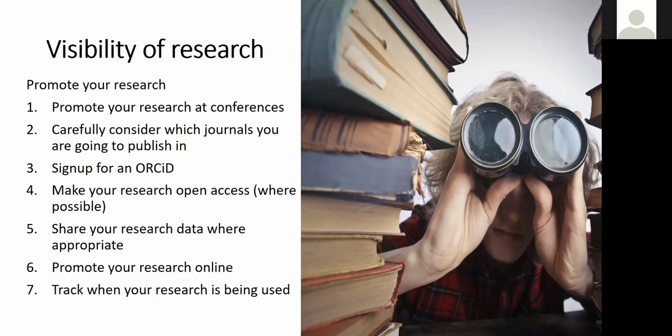So number three, sign up for an ORCID, the Open Researcher and Contributor ID. Having an ORCID can help to make your research more visible, because this ID is a digital identifier that will help to distinguish you from other researchers. You can link all your research output using this ID, and you can keep it throughout your career. It's particularly useful when researchers have common names or change their names throughout their careers, or when you change institution, but this ID will remain with you forever.